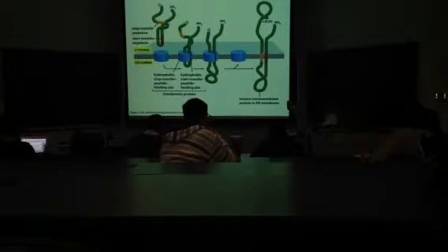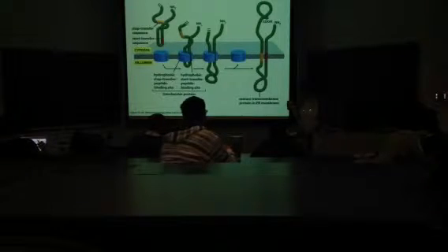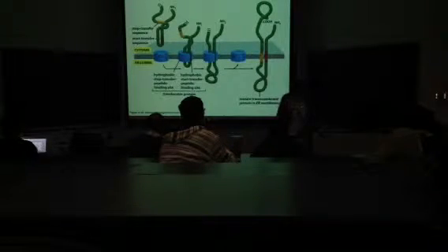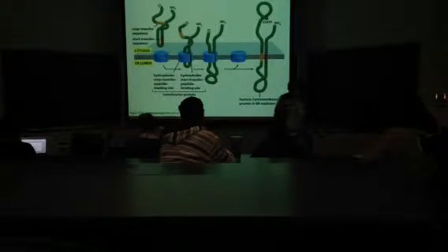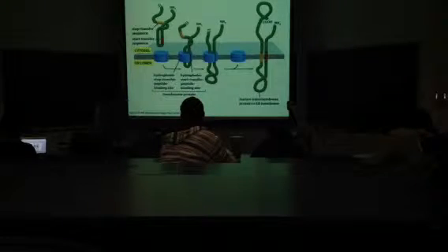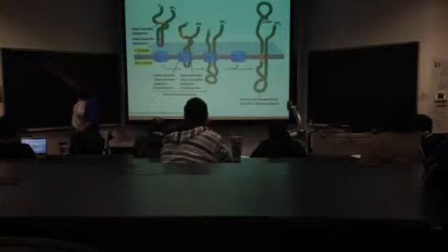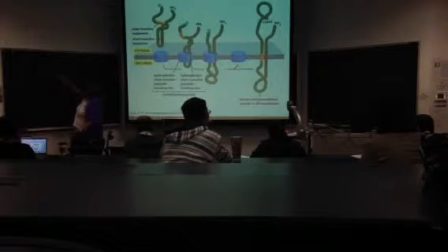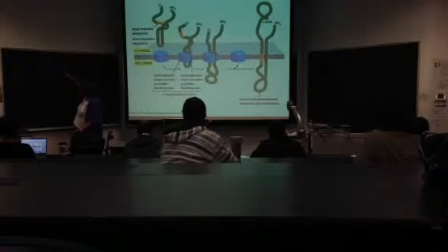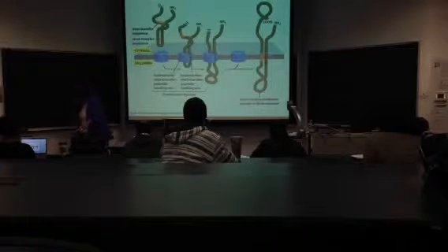Now, what we're going to do is take a regular protein and add sugars to it, and of course we all know that that's going to make it a glycoprotein. There are two ways to glycosylate a protein. One way is called N-linked glycosylation.